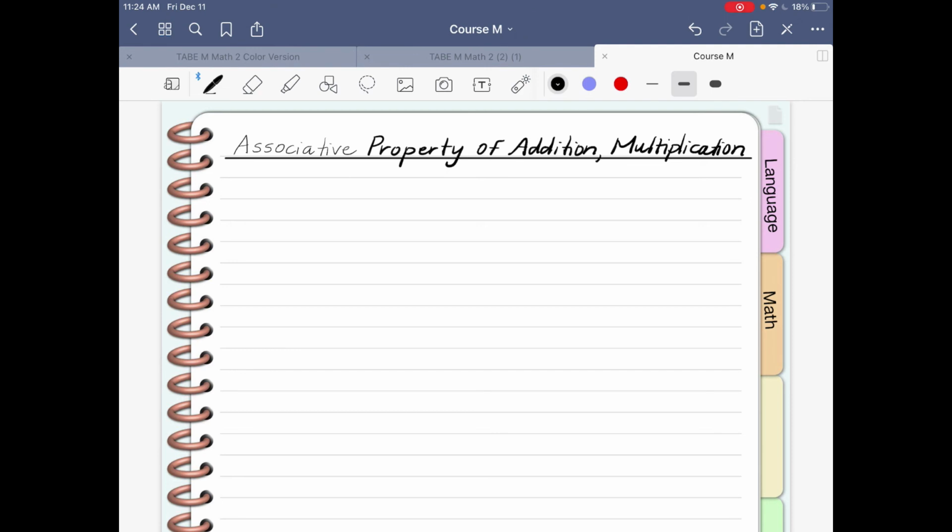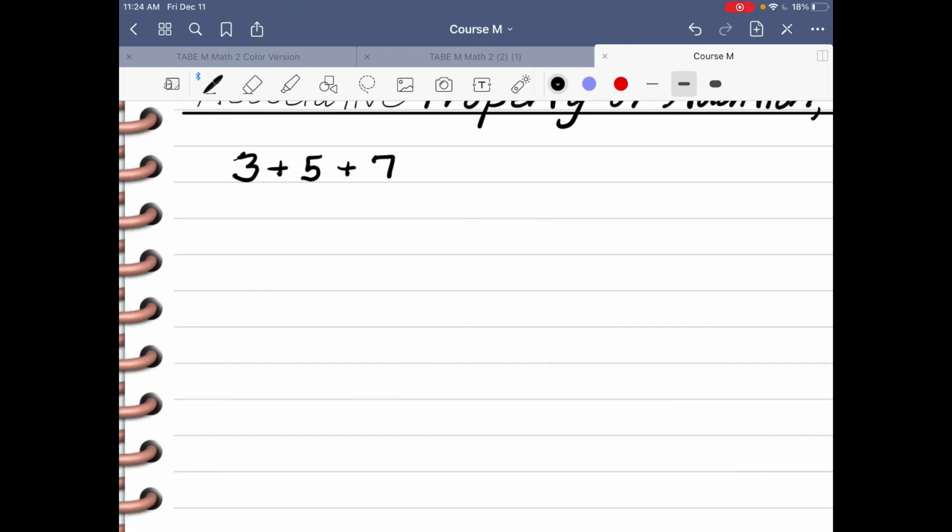Okay, let's take as our first example 3 plus 5 plus 7. This is an expression. So I'm going to add the 3 and the 5. That would give me 8 plus 7, and that's going to give me 15.